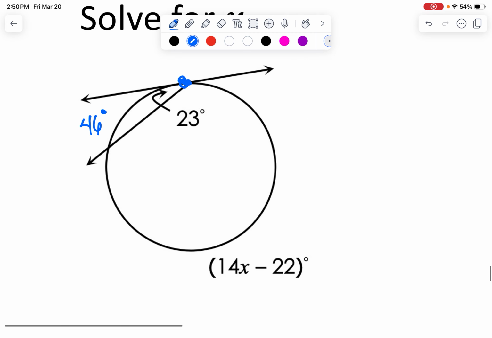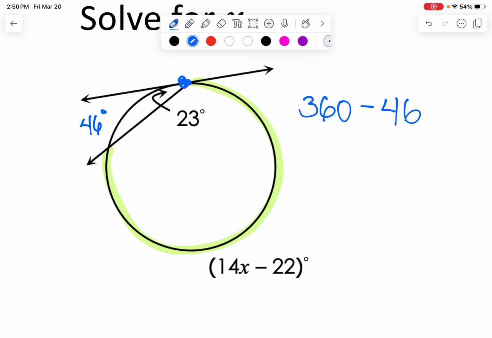Now, that also means this arc is going to be 360 degrees minus 46. That'll be what's left in the green highlighter. So that would be 314 degrees.